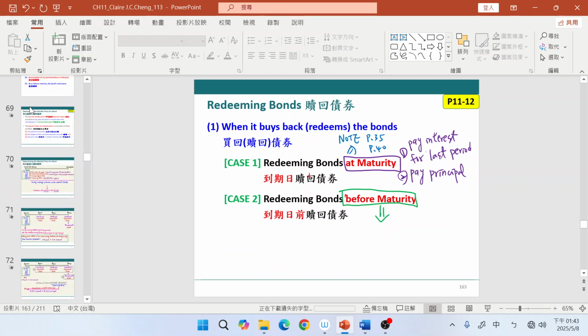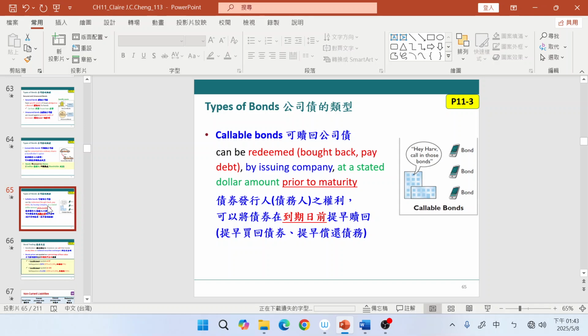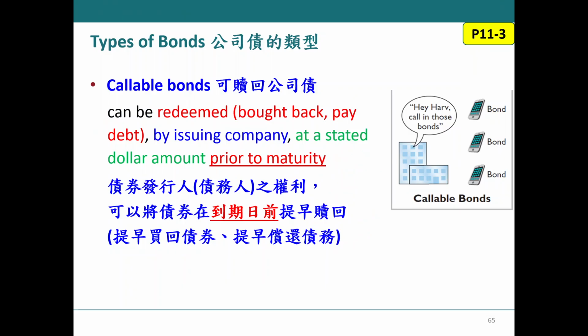Remember that? On your slide 65, your slide 65. Remember that. What kind of bond? You could pay the money before maturity date. Callable bond, 可赎回债券, okay? Only callable bond, 可赎回债券, you could pay the money back before maturity date, okay?